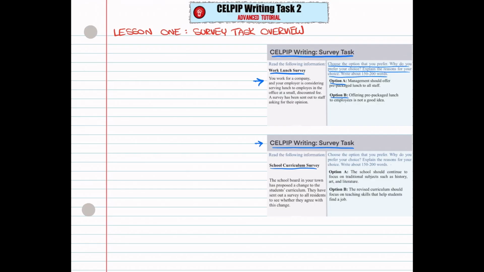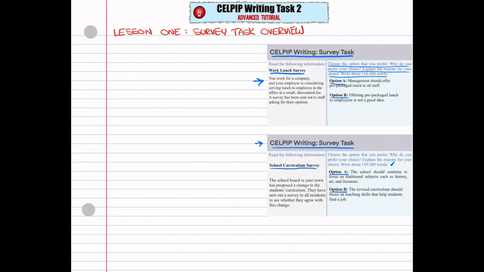The instructions are the same, and the two options are: option A, the school should continue to focus on traditional subjects such as history, art, and literature, and option B, the revised curriculum should focus on teaching skills that help students to find a job. So once again, a scenario is provided, followed by two options to choose from.